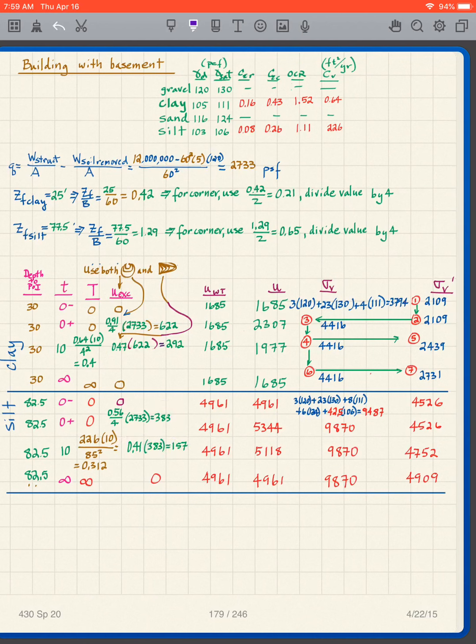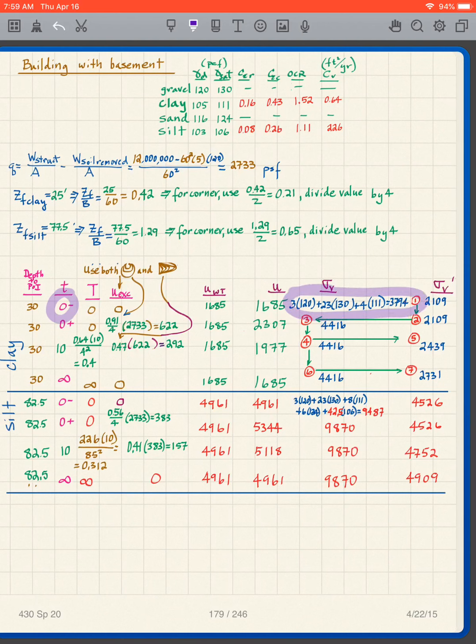And again, once this is done with the UXS, that's pretty much the whole problem. The U water table, you can all get that for the point of interest. I add those values to get my U. Sigma V, I look at the t equals 0 minus sigma V, and I get that.